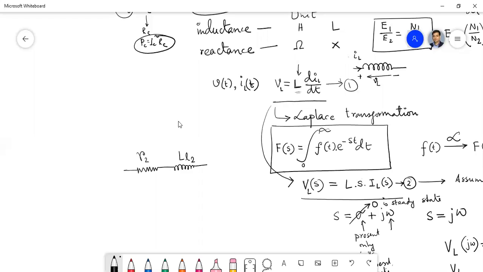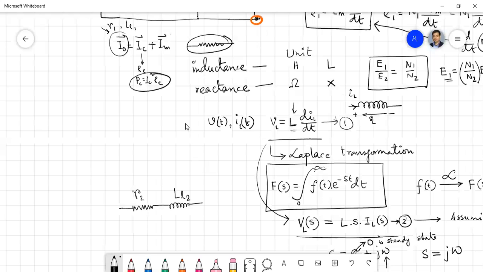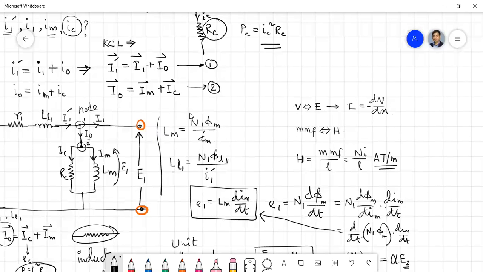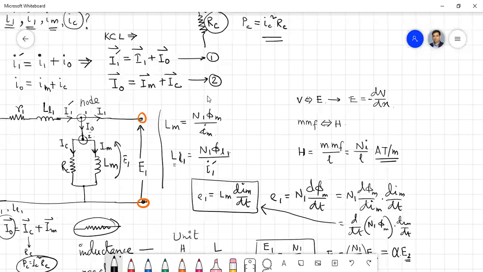So we can write that LL2. But what is the equation from which we can get all this? Have we written any equation for the secondary, like the KVL, KCL equation we have written for the primary?